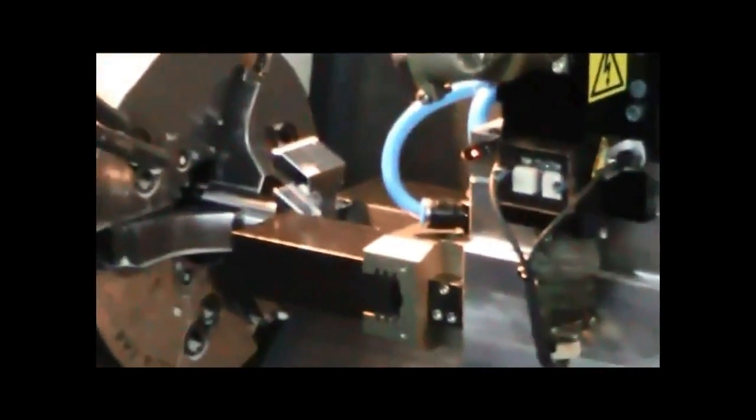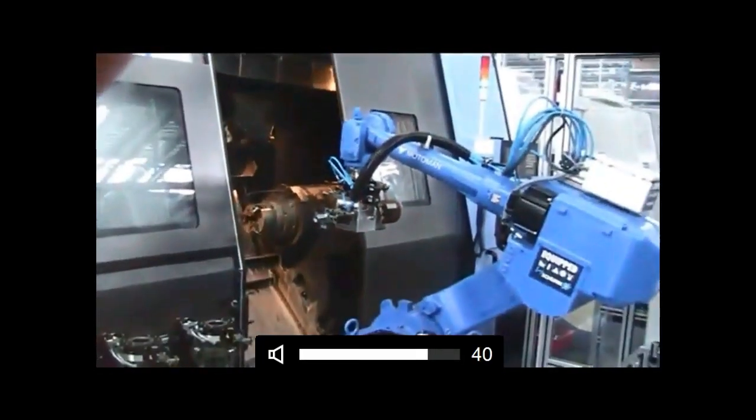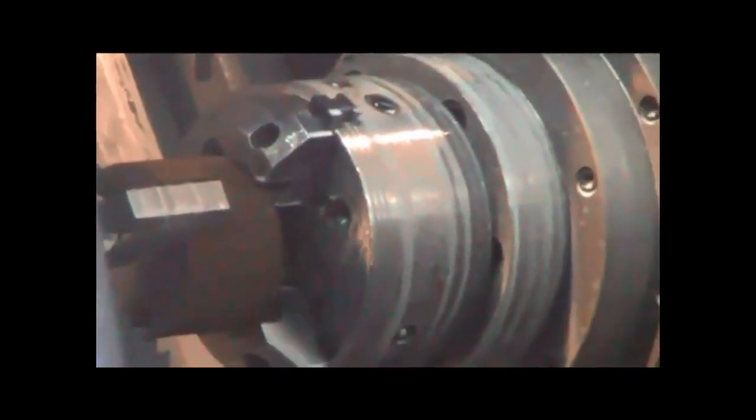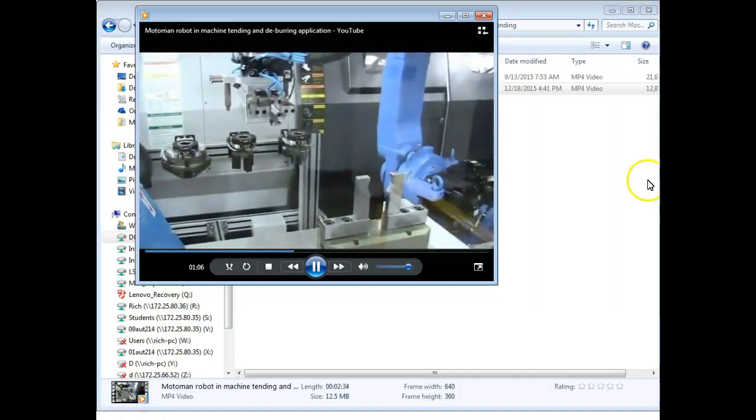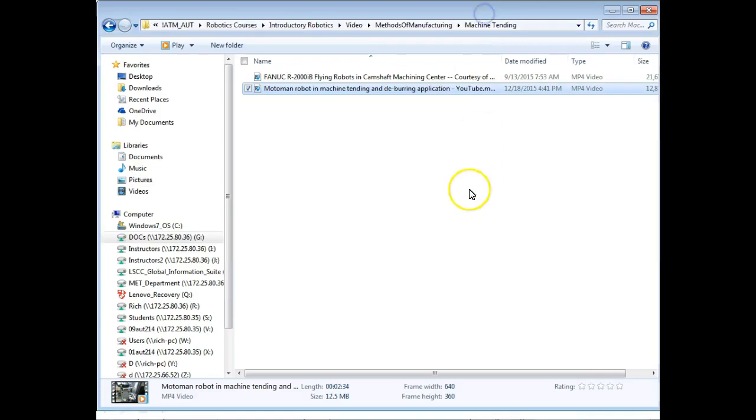Robot is loading a leg, right? Loading a leg. So you can see all it's doing.